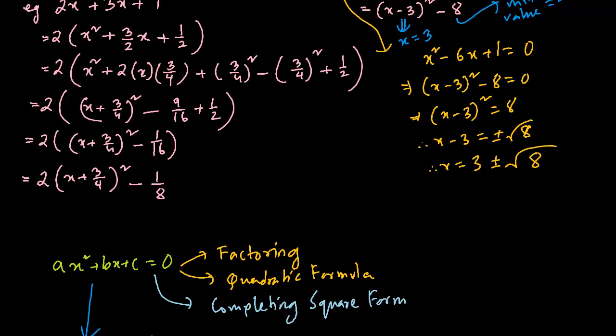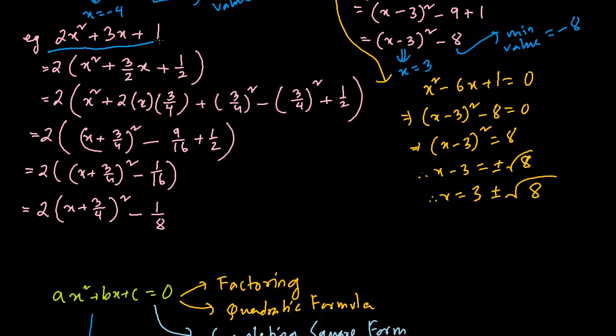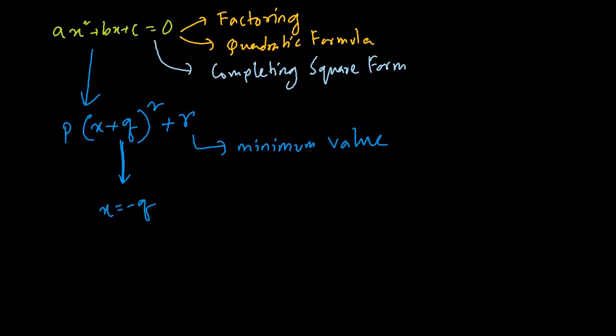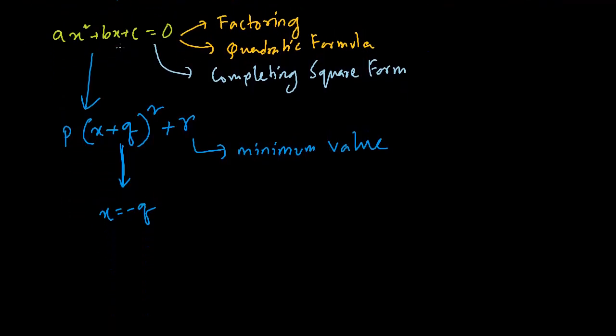Again, for the final example, for this expression, if you want to find the minimum value, look at the completing the square format, and the minimum value would be -1/8, and the value of x when this occurs would be -3/4. So that's the value when that happens. So we can use the completing the square format not only for solving the equation but also for finding the minimum value of that entire expression.